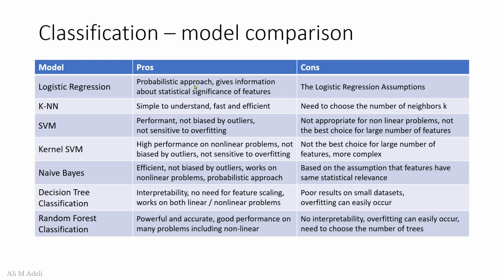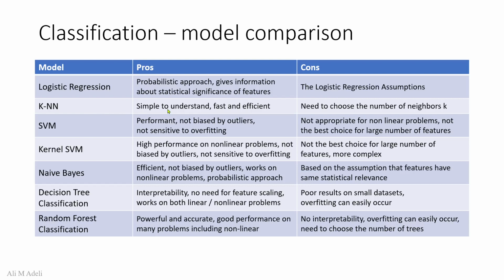Using that sigmoid function, it would predict the probability of belonging to either class given an input. Then we could use a threshold to explicitly assign it to class 1 or 0. The cons are there are some assumptions for logistic regression that we didn't get into. We will come back to it in our hands-on.